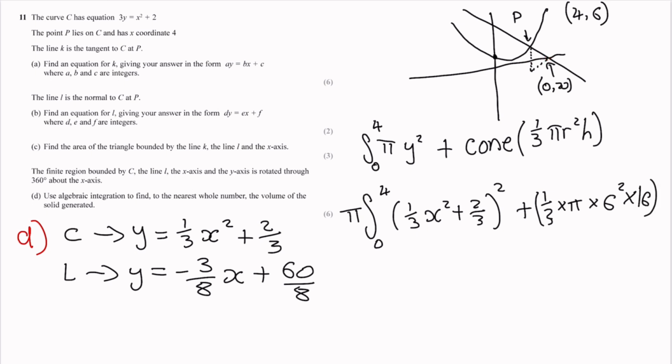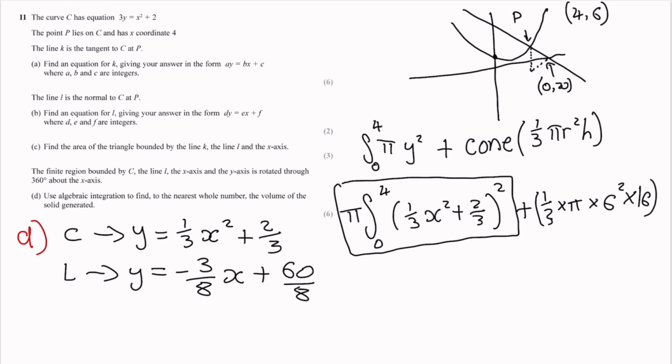Okay, so now, we're only integrating this section. We're not integrating this cone. So we'll leave the cone till the end. So let's square our function. So 1/3 x squared plus 2/3.